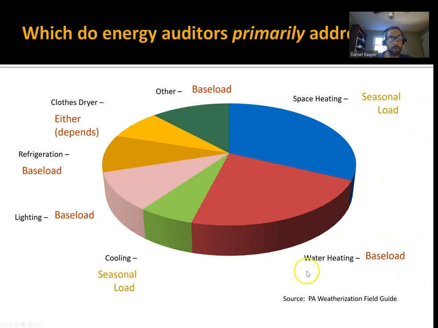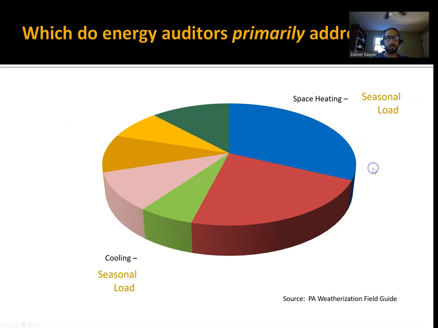But you know, water heating is a base load. That can be a good energy conservation measure. Lighting as a base load, that's usually a really good energy conservation measure. So again, we're looking at everything as an energy auditor. It's really important that you look at all energy using equipment in a building. Okay.